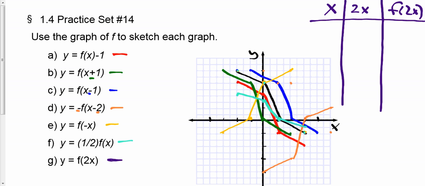Okay, so here's what I like to do. When x is 0, actually no, I don't want to go to 0. I want to go to my lowest value of x, which is negative 2. When x is negative 2, 2x is negative 4.